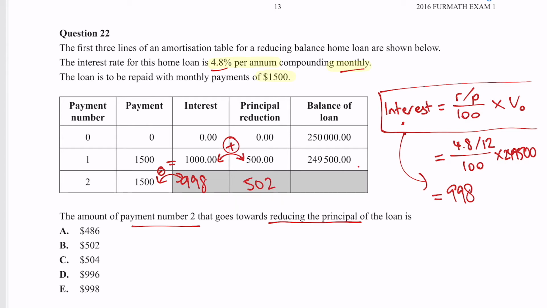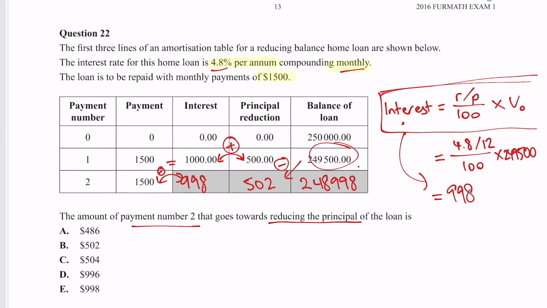So now I know that 998 plus 502 gives me 1,500. That's right. And then now I can say, okay, the balance of the loan subtracted by the principal reduction is going to give me 248,998. So that's basically how to fill in the gaps.